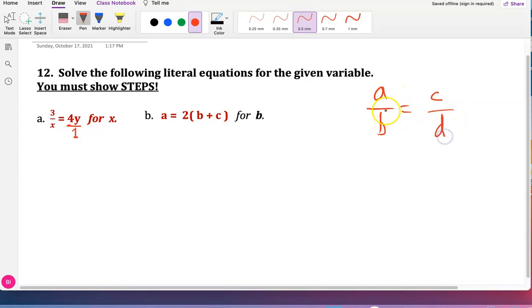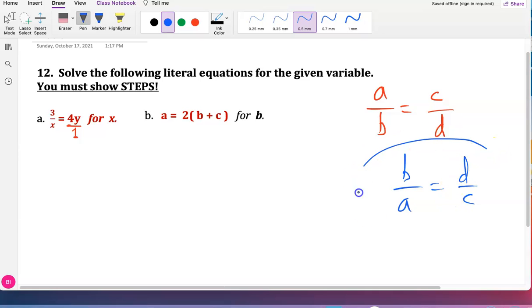So if you have a divided by b is equal to c divided by d, can you rewrite this as b over a is equal to d over c? Of course, yes, you can write it, right? You are just taking the reciprocals, or you are flipping them. A over b is written as b over a, and c over d is this way.